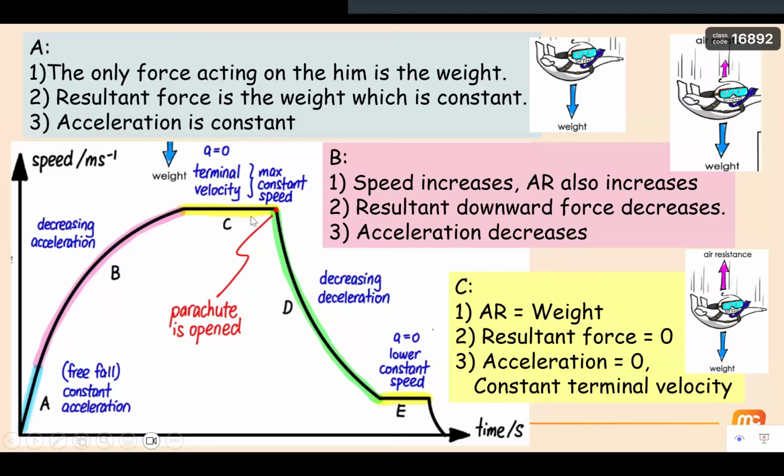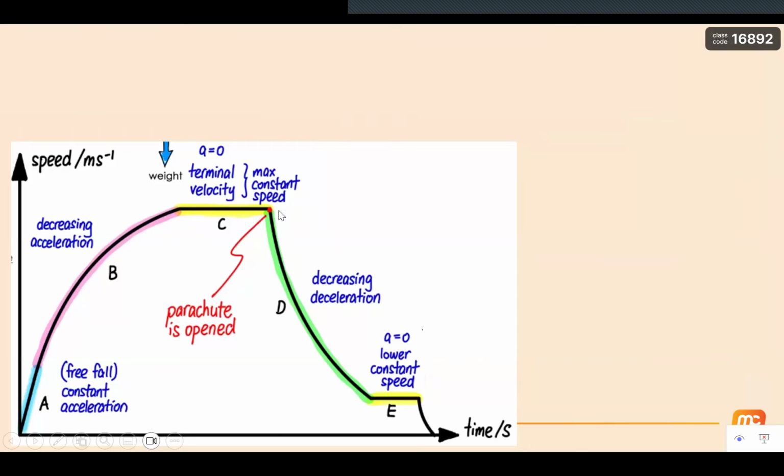No more acceleration because the resultant force is 0. So this is the maximum constant speed that he can reach, which we also call the terminal velocity of the parachutist. So at point C, he's moving with terminal velocity, which also means constant speed. Acceleration is 0. Okay, let's move on to the next part.